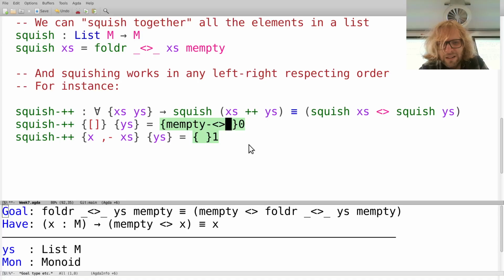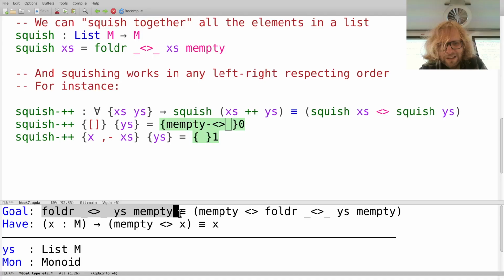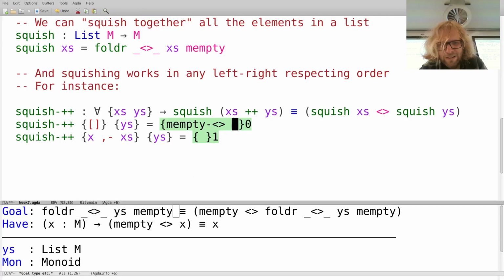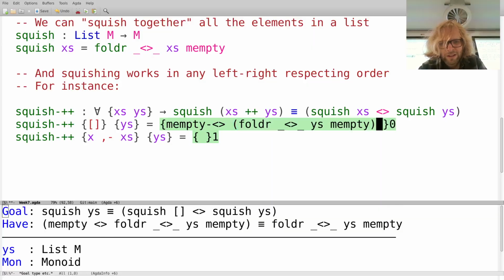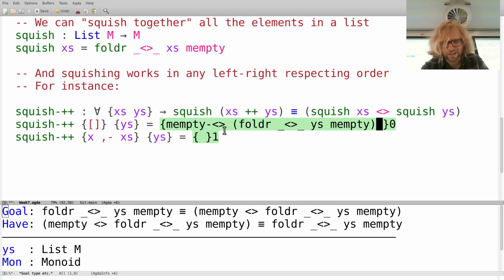Yes. Okay, so it takes the x. My x is this whole thing. Okay, and then I just need to flip this equality around, right, with a sym.